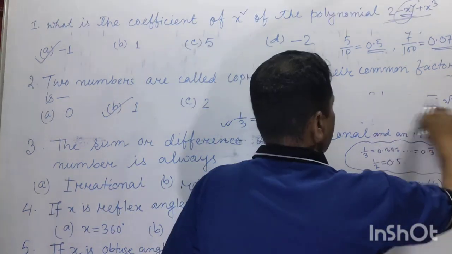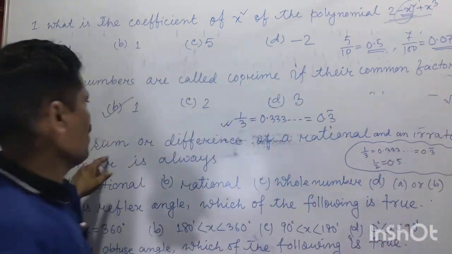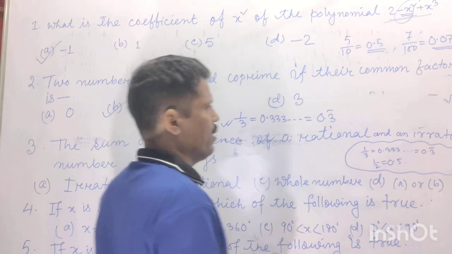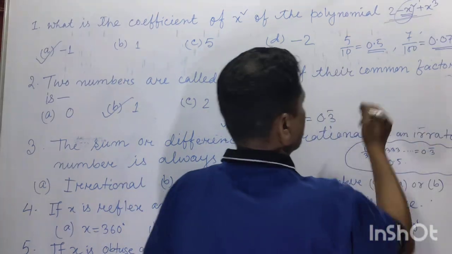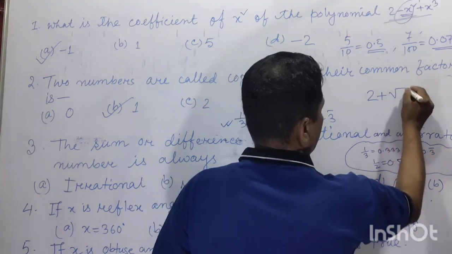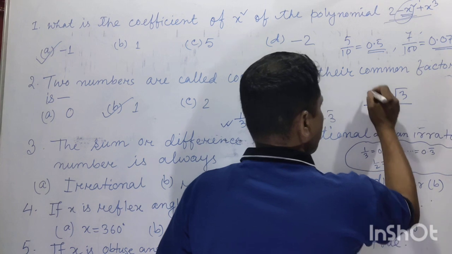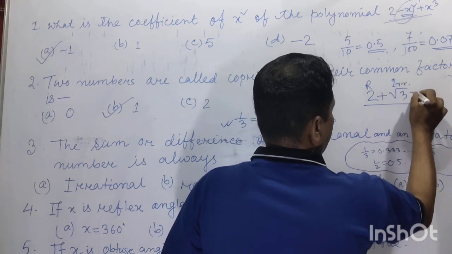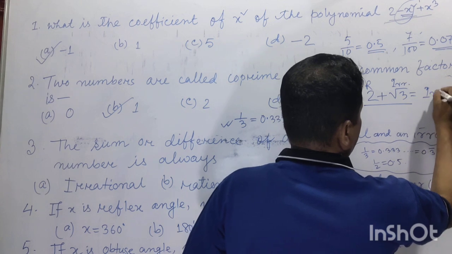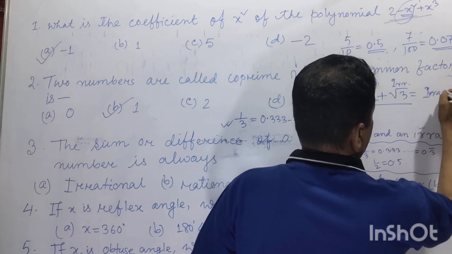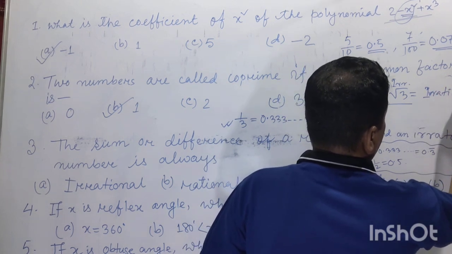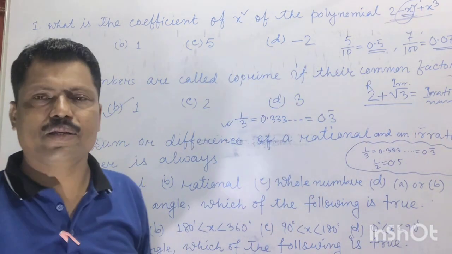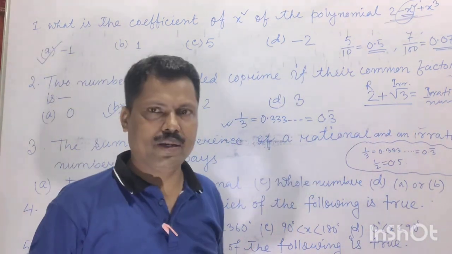Now, the sum of a rational and an irrational number. Let the rational number be 2 and the irrational number be root over 3. The sum of a rational number and an irrational number will always be irrational.